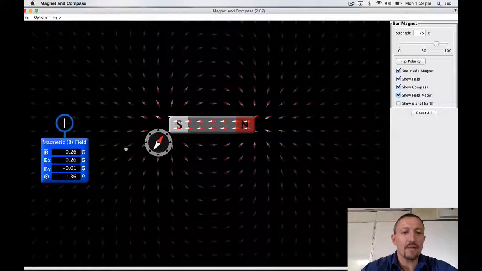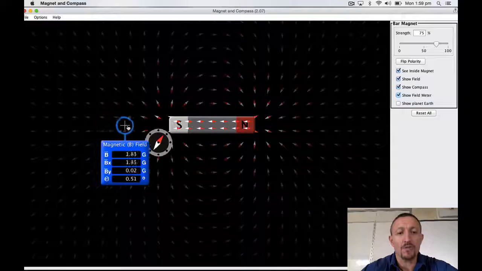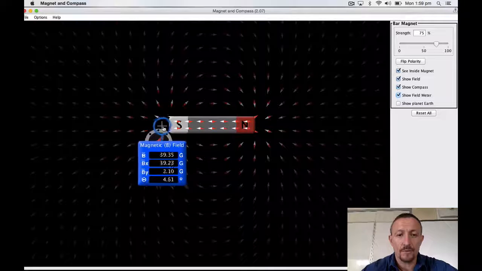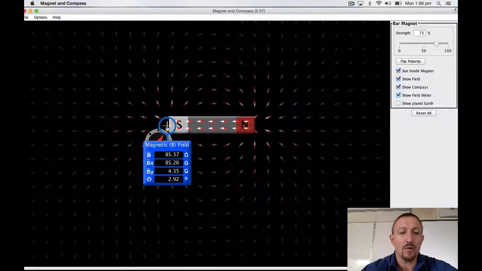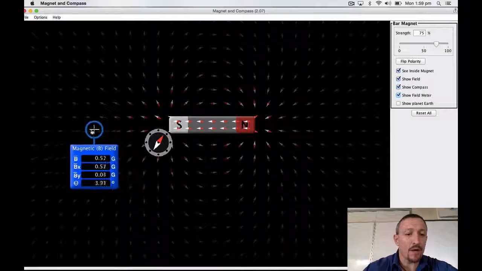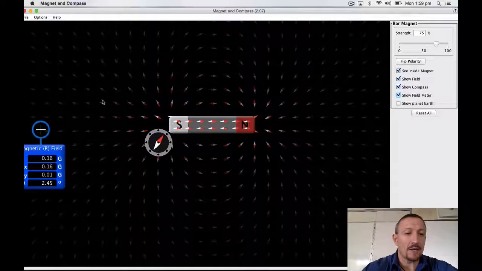Put my field meter in, I get exactly the same. The closer I get to each of the poles, the stronger it becomes. The strongest is right at the tip of the pole, and then the further away I get, the less the field strength is going to be.